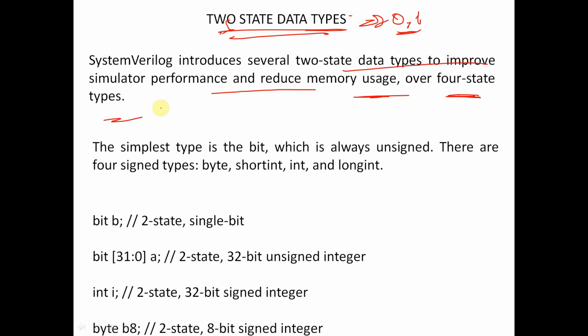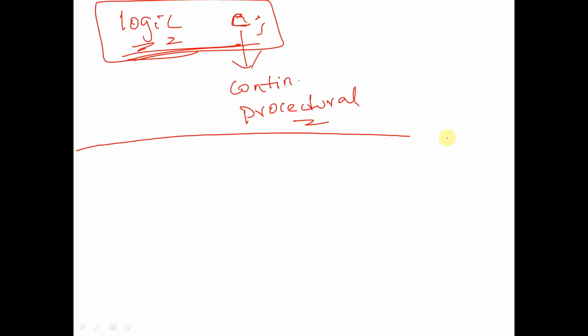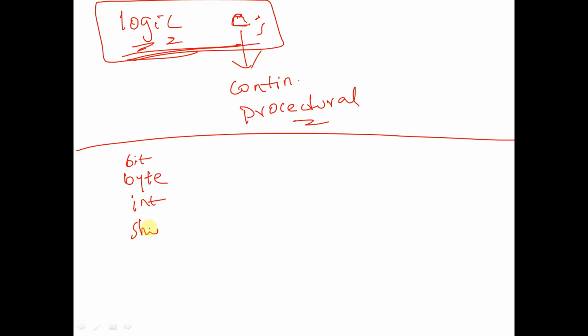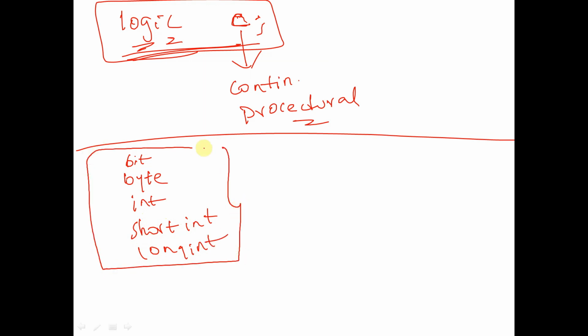So in two-state data types, we have the bit data type, byte data type, int, short int, and long int. Please remember that these are two-state data types.